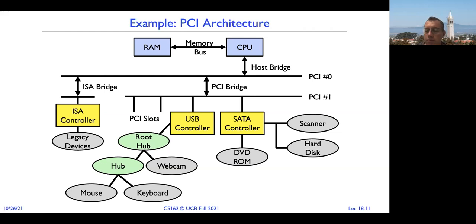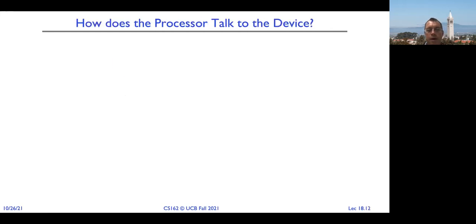So you may still have devices, for instance, hard disk drives, which implement this standard and connect to this ISA bus. And this is a bridge, so then you can use these devices on a PCI architecture. Okay.